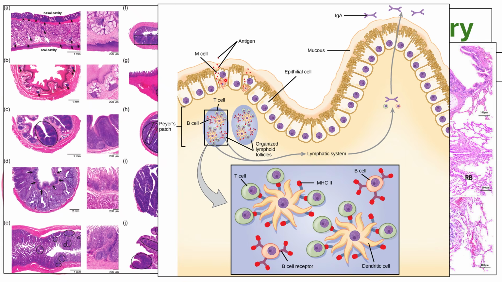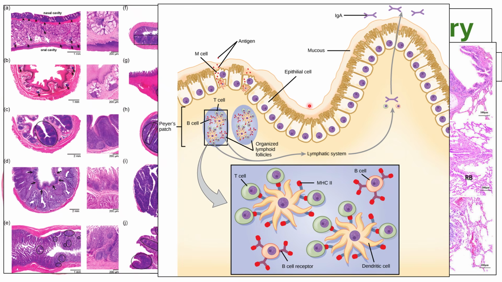Okay, so these M cells are part of the epithelial cells that are directly near these nodules. So for example, if this is in the GIT, the M cells will be part of the simple columnar epithelium there.